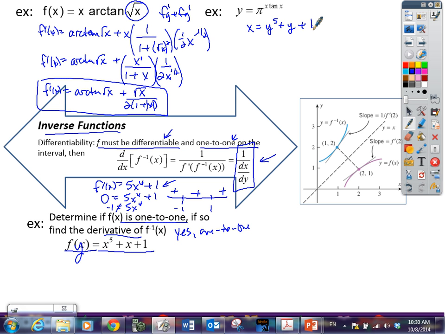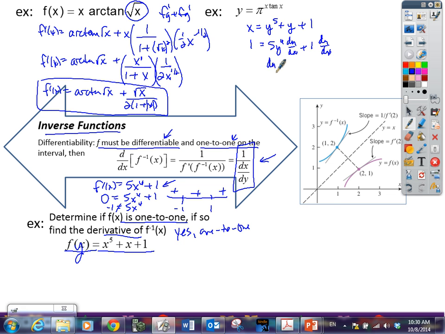Now I'm going to take the derivative with respect to x, because that's what we want. See how there's x there? So the derivative of x is 1. And then we have 5y to the 4th dy dx plus 1 dy dx.